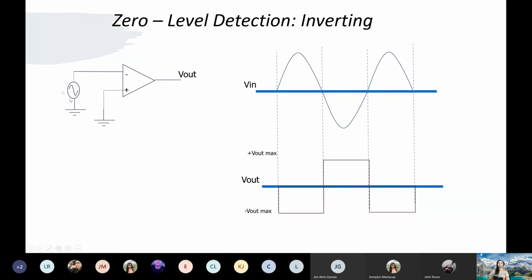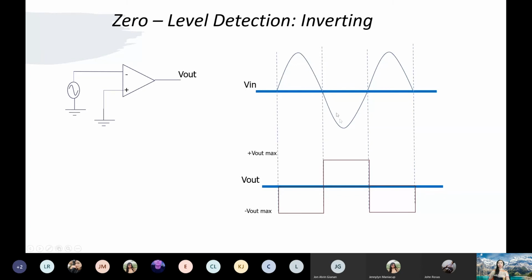This time your sinusoid input voltage is connected to the inverting input, the negative input, and your positive is connected to the ground. So that means your reference voltage is 0, such that whenever the sinusoid crosses the 0 level, at this point, that's when you'll have an output, but an inverted output. If you have a positive input like this, you'll have a negative output, equal to negative V out max.